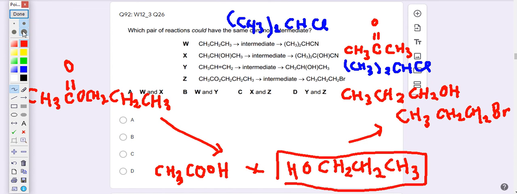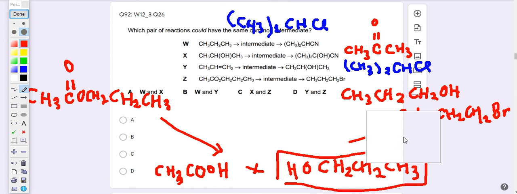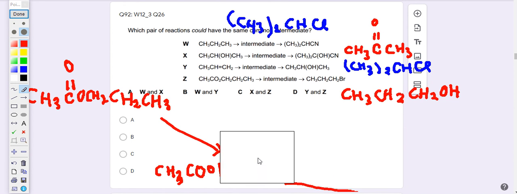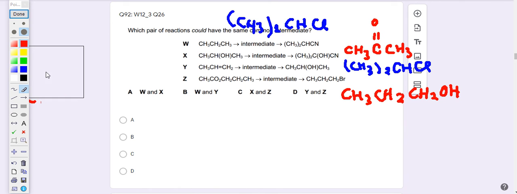Now let's compare all the four intermediates. Which two are the same? This is for W, this is for X, this is for Y, this is for Z. So W and Y reactions have the same intermediate. So the answer is B.